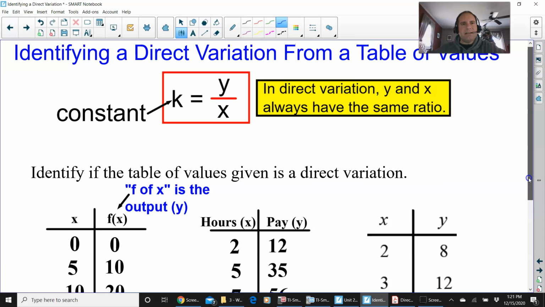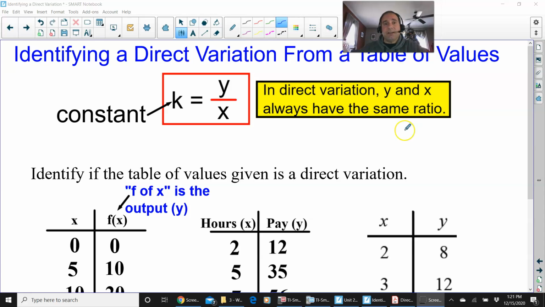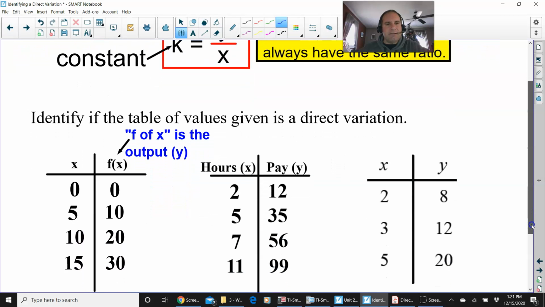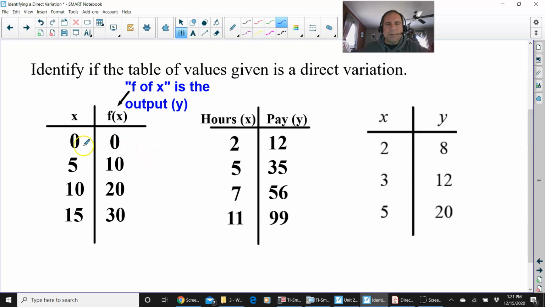So we have identifying a direct variation from a table of values. We have a table of values here, and we're just going to divide the y and the x to see if the constant is the same. We're not going to do it for 0 and 0 because you can't divide by 0. But let's go on to the next one.